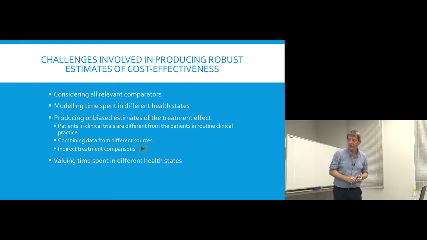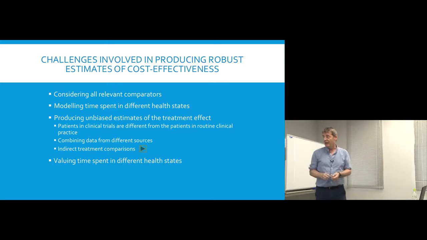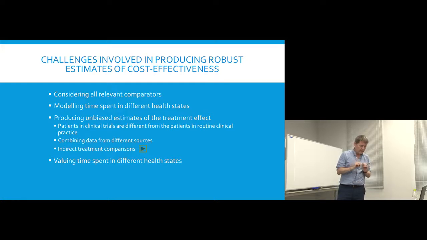And that's where indirect treatment comparison becomes an issue, and there's quite a lot of challenges there, and I'll say more about them. And then the last on this list of challenges in producing robust estimates of cost effectiveness is the topic that we spent a bit of time on Wednesday morning, and that's valuing the time that patients spend in different health states.